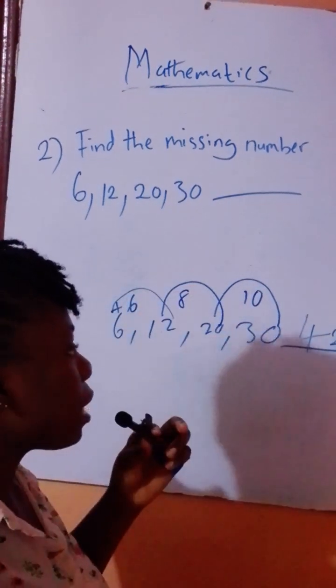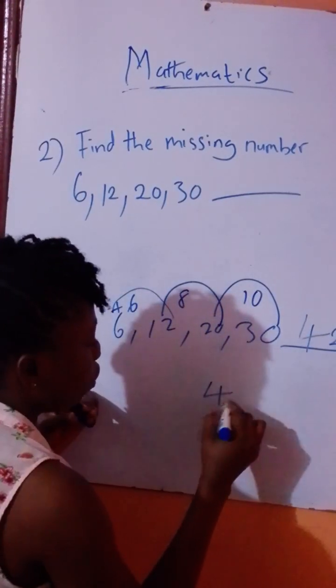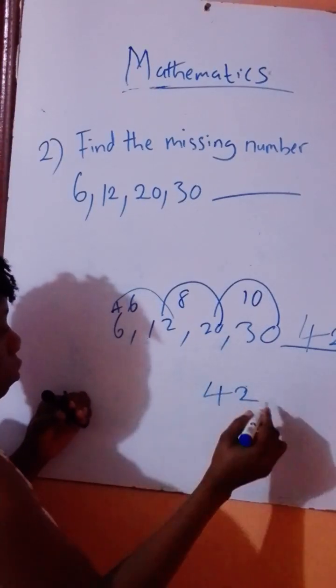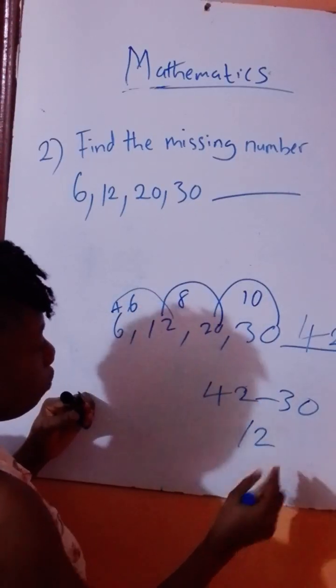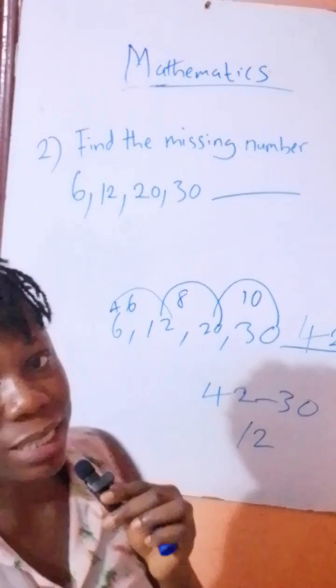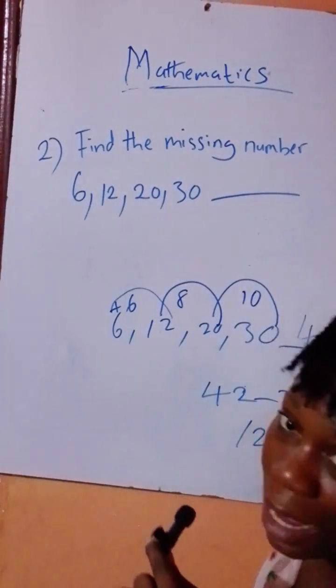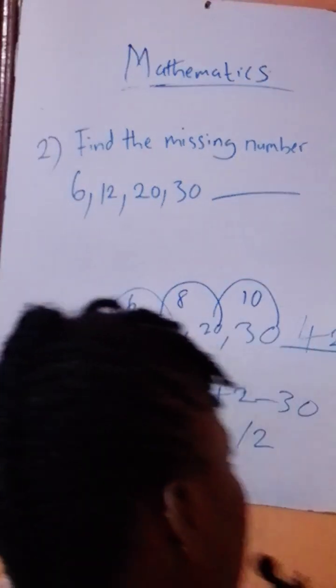You might ask, how did I get this 42? 42 minus 30 is going to give us 12. That means the difference is increasing by 2. Let me explain how I got it. Let me explain again in case you don't understand what I did here.